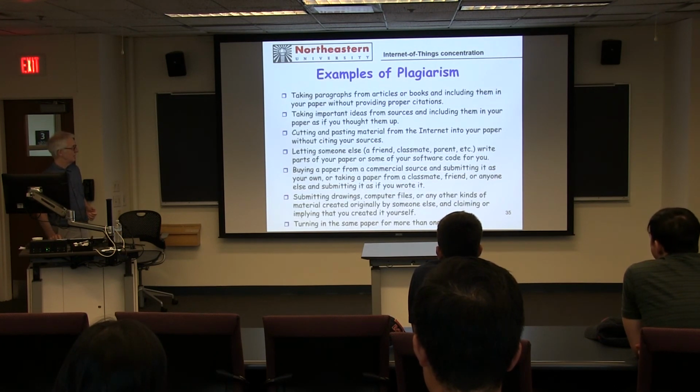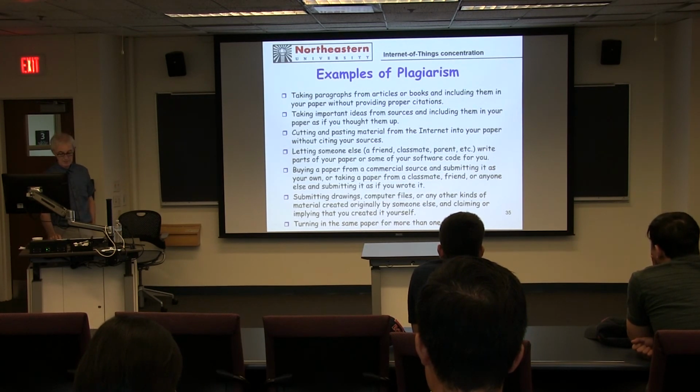There's a whole bunch of examples of plagiarism. I'm not going to go through them, but it's something that you need to be aware of and make sure that this does not happen.